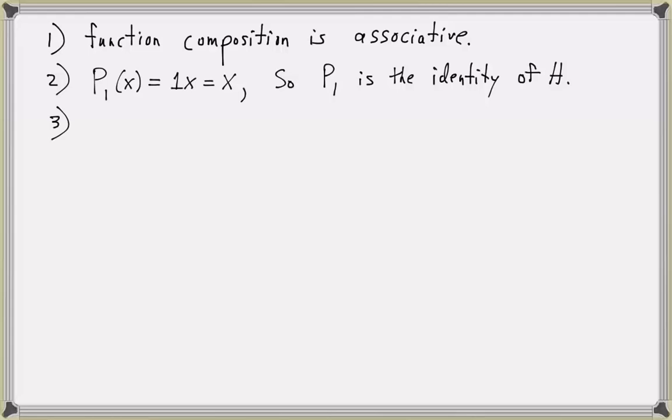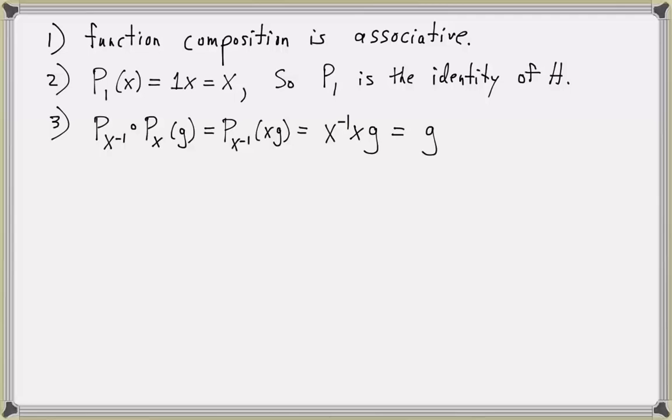Given a permutation p sub x, if I compose p sub x inverse with p sub x of g, this equals p sub x inverse of xg, which equals x inverse times x times g, which again, when the x inverse and x cancel, we just get g.